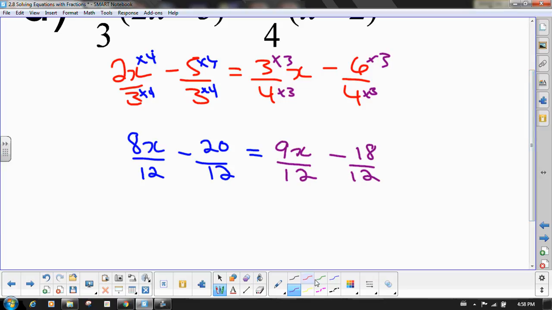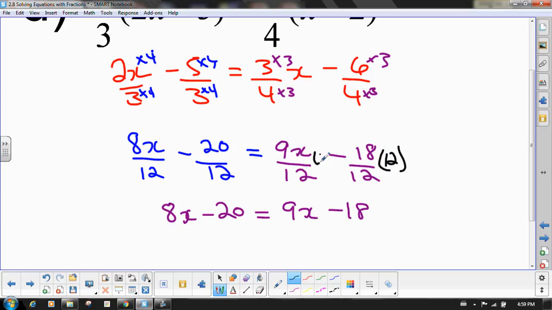Now that all those denominators are the same, I am left with 8x minus 20 equals 9x minus 18, because I multiplied every single term by 12. That's why I wanted that number, so that these denominators would all cancel out.